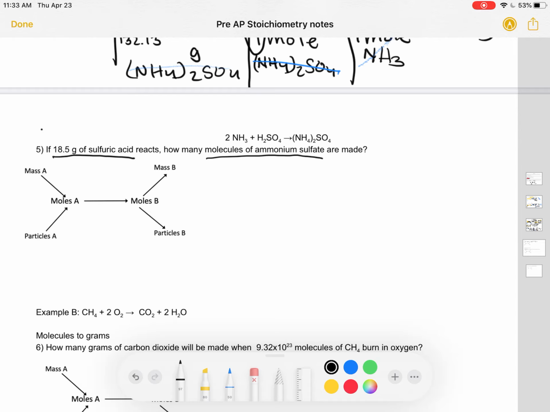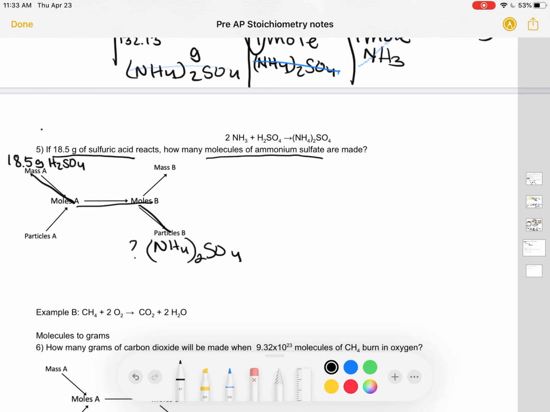So we're starting with a mass of something, 18.5 grams of H2SO4, and we want to get to particles, molecules of ammonium sulfate, (NH4)2SO4. How many particles? All right, so let's do our path. From mass to moles, we're going to need our molar mass. From moles to moles, we're going to need our mole ratio. And from moles to particles, we'll need Avogadro's number.